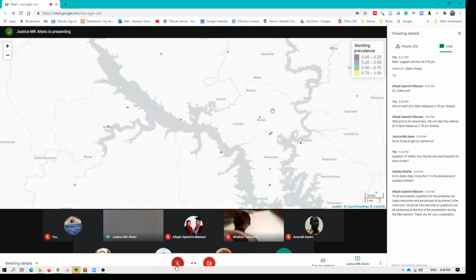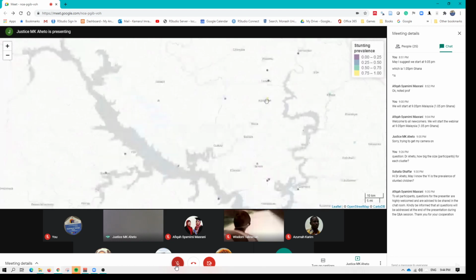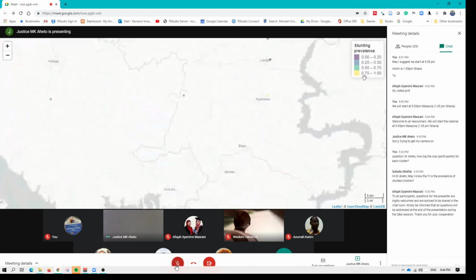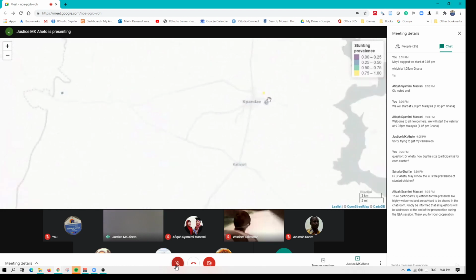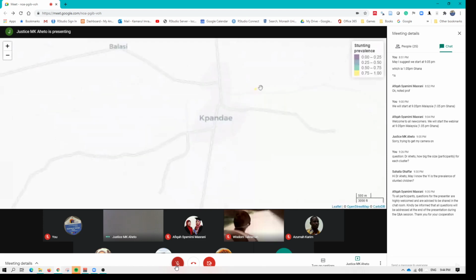Now, if I come to a place here, there's a yellow sign, and you can see that the yellow ranges between 75 and 100% prevalence. The nearby town I can see at the moment is Mandai, but I can zoom out on this yellow icon to see which towns are very close to this very high prevalence location. This is what the use of this interactive web-based map is all about.